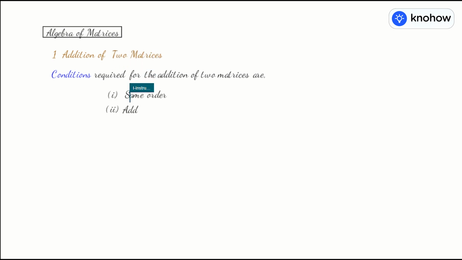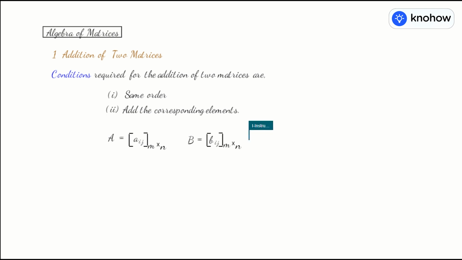And then how do you add? You add the corresponding elements. By that I mean that if A is a matrix Aij of order m by n, and B is another matrix say Bij of the same order m by n, then A plus B will be obtained.